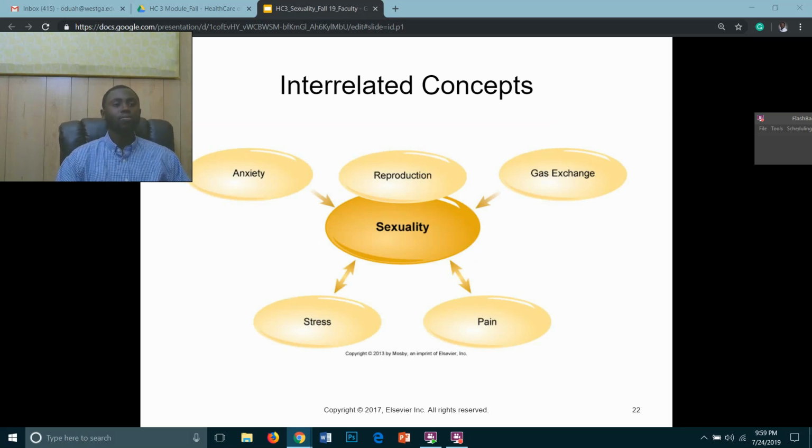So to recap, sexuality is an integral part of reproduction. Sexuality can affect or be affected by psychosocial, emotional, and physiological factors or status of the client.